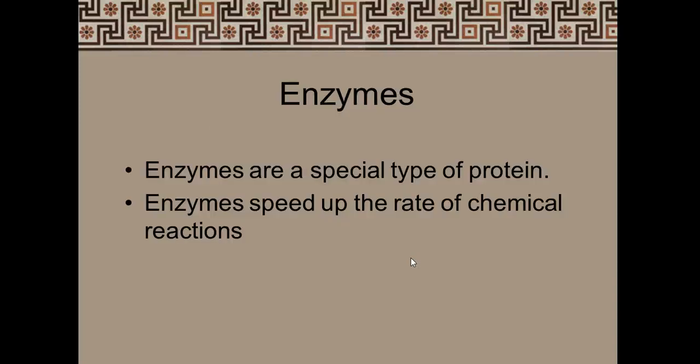Enzymes are a special type of protein, and I really, really need you guys to remember this now. Enzymes speed up the rate of chemical reactions, okay? And the technical definition of this is enzymes speed up the rate of reactions by lowering the activation energy. We're going to talk a little bit more about this later on, but right now just remember they speed up the rate of chemical reactions.